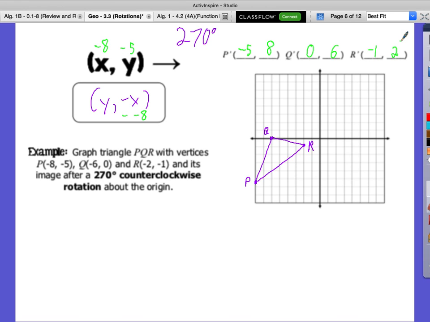And I think after we draw this out, we'll see that it does match up. So if we plot these, -5, 8 is where our p prime is. Q prime ends up being 0,6, and r prime ends up being -1, 2.